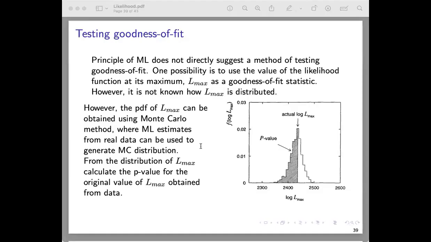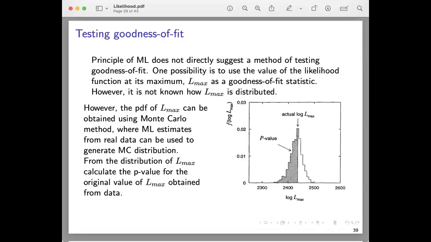Now this is regarding the goodness of fit for the least square method. Now I can go back and discuss the goodness of fit for the maximum likelihood method. For the maximum likelihood method, the principle of maximum likelihood usually doesn't directly suggest a method of testing the goodness of fit.